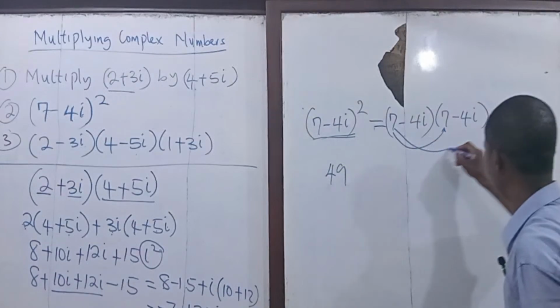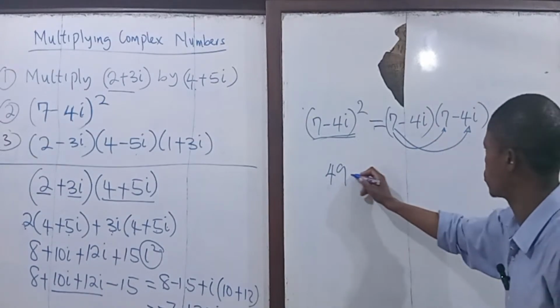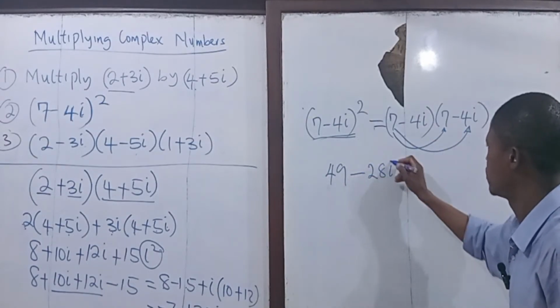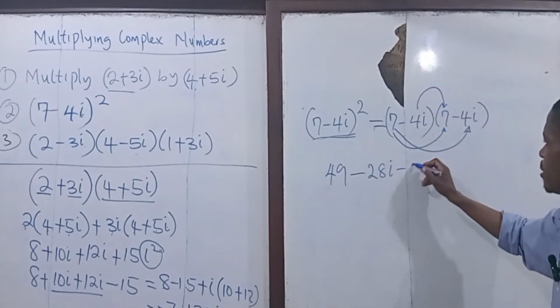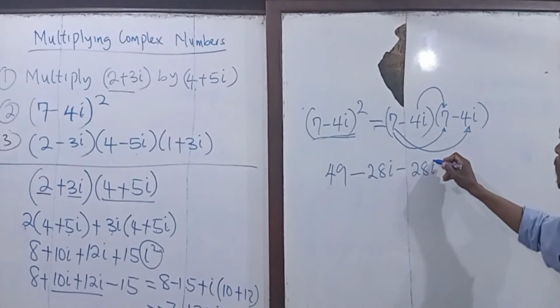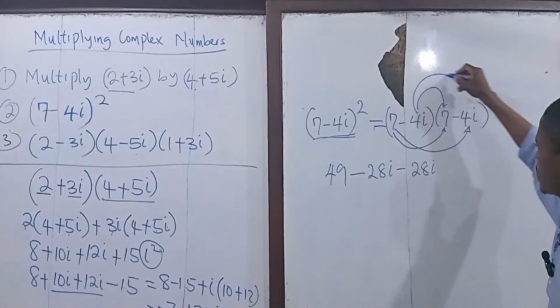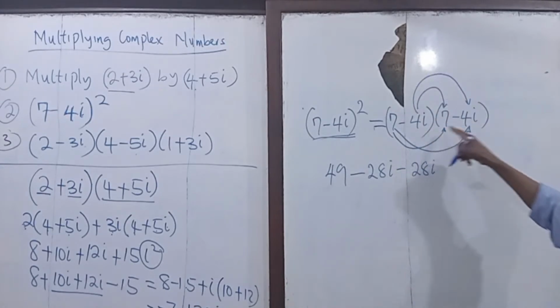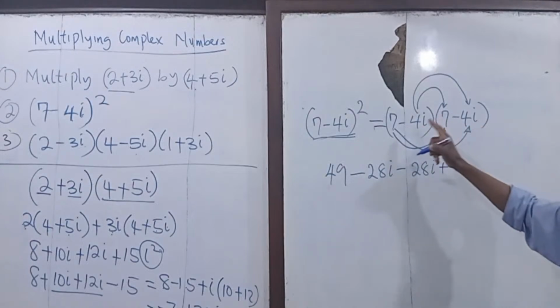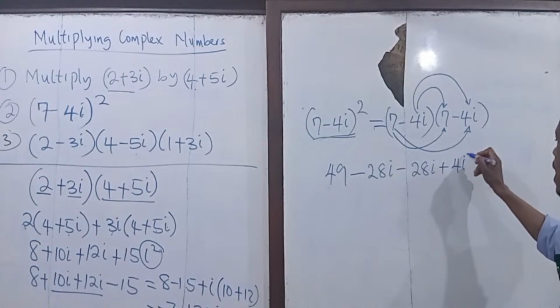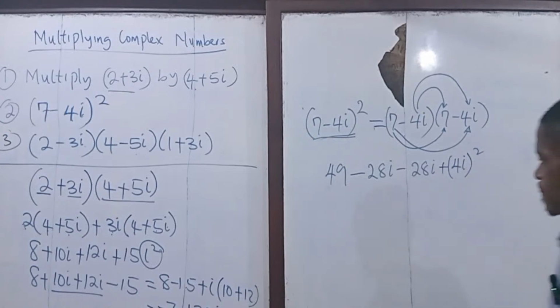This one again times this one, that's minus 28i. Again, this one times this one, that's also minus 28i. And finally, this one again times this one: minus 4i times minus 4i. And that's what? Minus times minus, that's a plus. This will give us 4i squared.